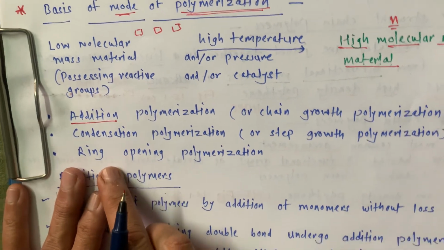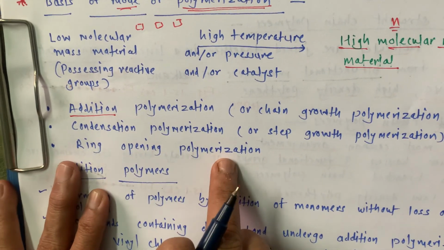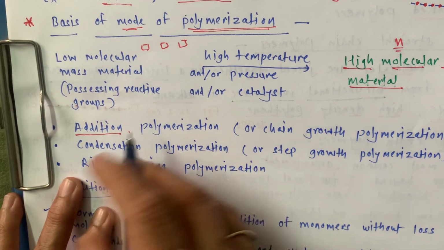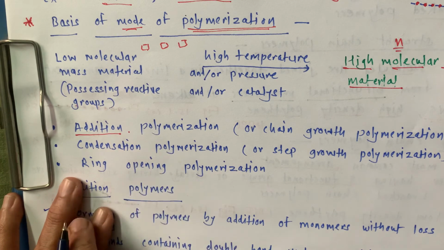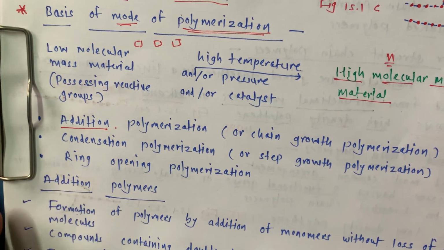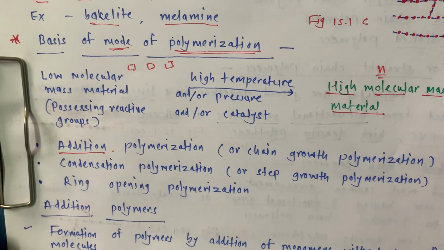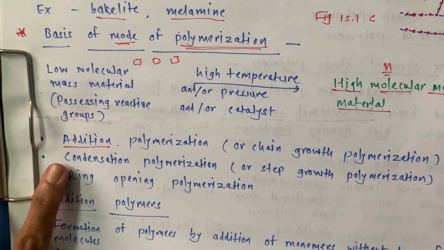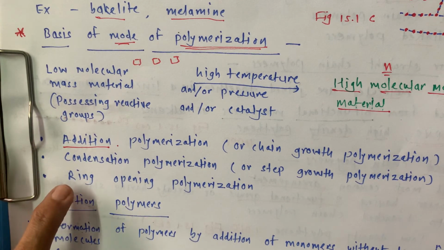Or the ring opening polymerization. In the next lecture we are going to see addition polymerization, then condensation polymerization, and then ring opening polymerization. Thank you students. This is for today.